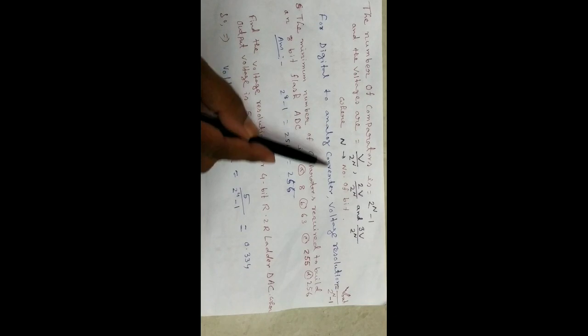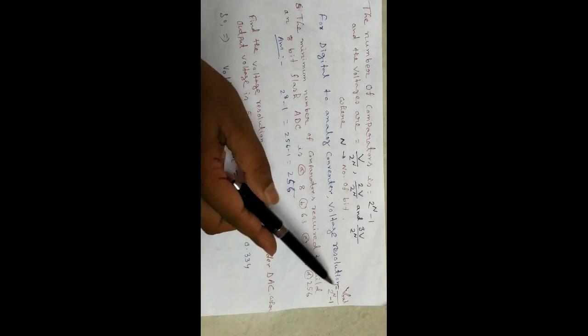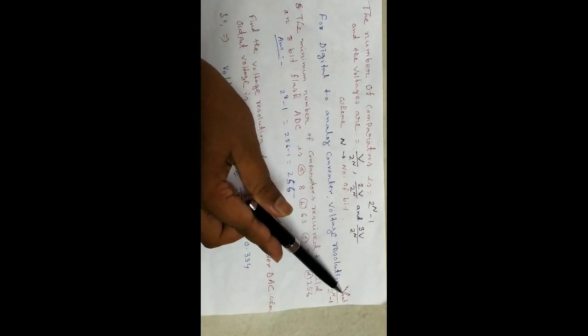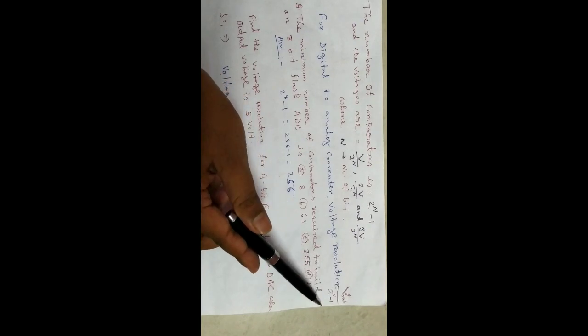Okay, there is another short trick for digital to analog converter: voltage resolution equals output voltage divided by 2 to the power n minus 1. Here also I give you an example. Suppose we find the voltage resolution for a 4-bit R2R ladder digital to analog converter when the output voltage is 5 volts.